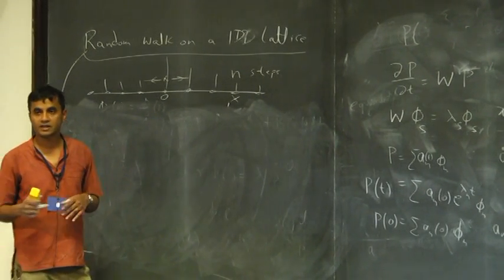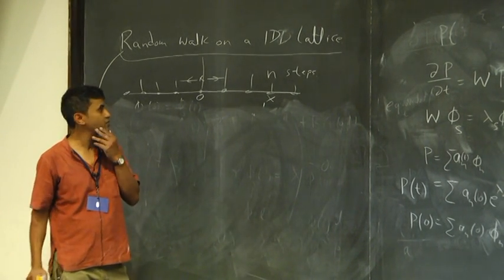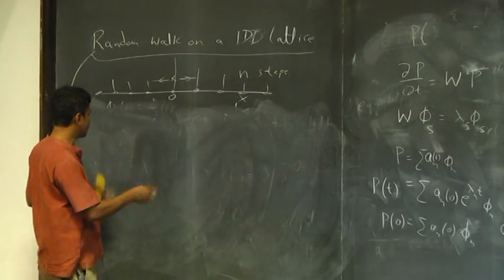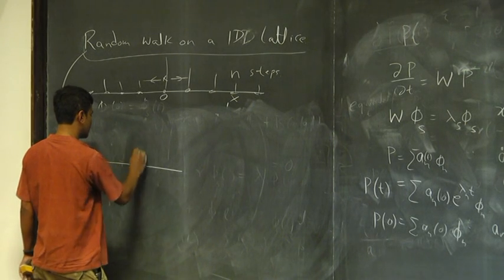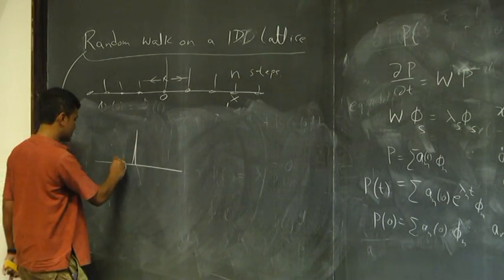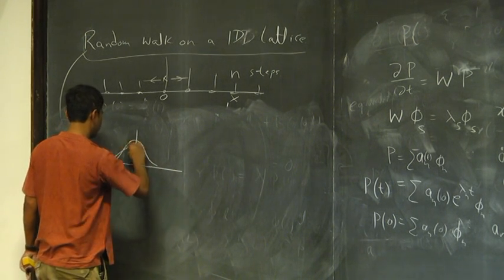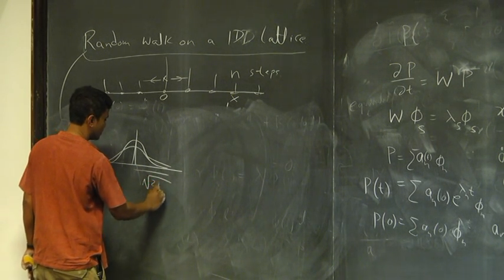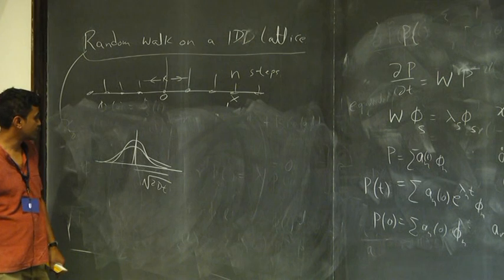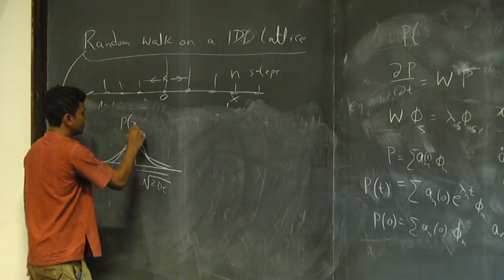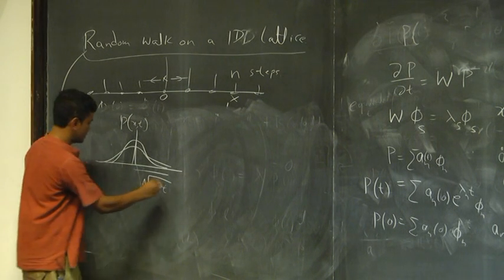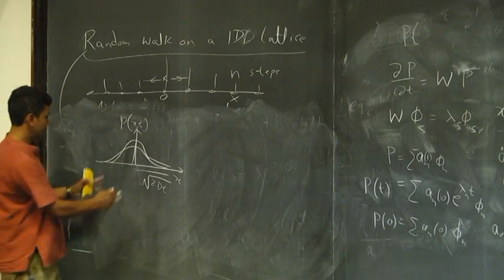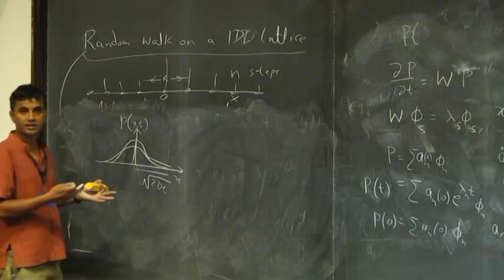Then we looked at some of the most important properties of this diffusion or Brownian motion: the way the wave packet spreads. If you start with a set of particles here, then it spreads like a Gaussian in time, and this width is root 2Dt. That is one of the most important things about diffusion. We calculated this variance, and in general it is 2Dt.